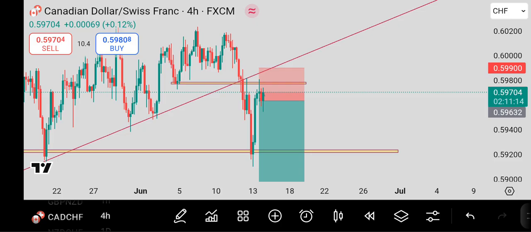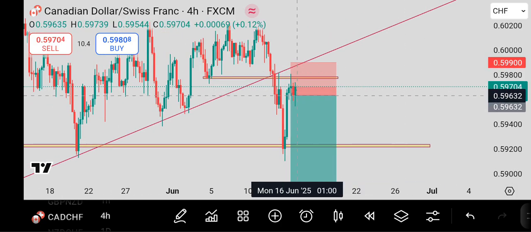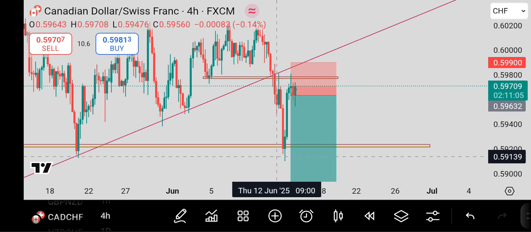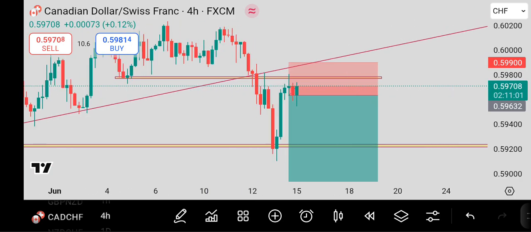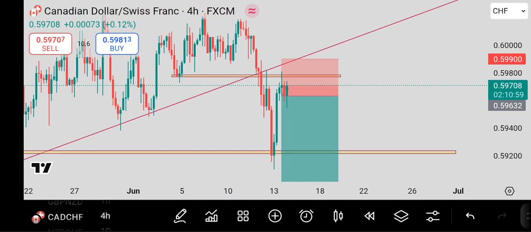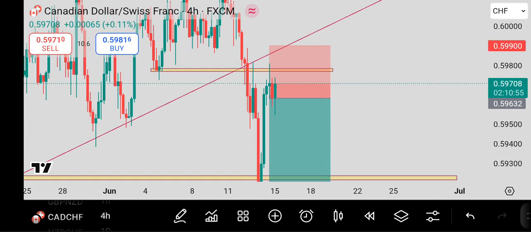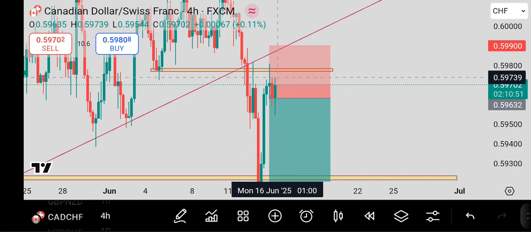See, the market broke out from this counter trend line, then gave me what I consider a pullback, then a 4 hour candle close. That is why I'm interested in selling the market: because of a break of the counter trend line and a pullback 4 hour candle close.